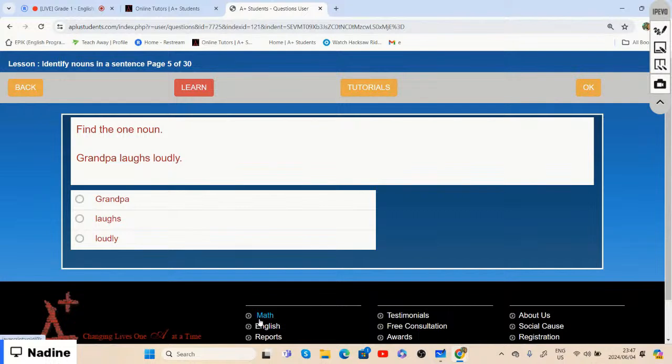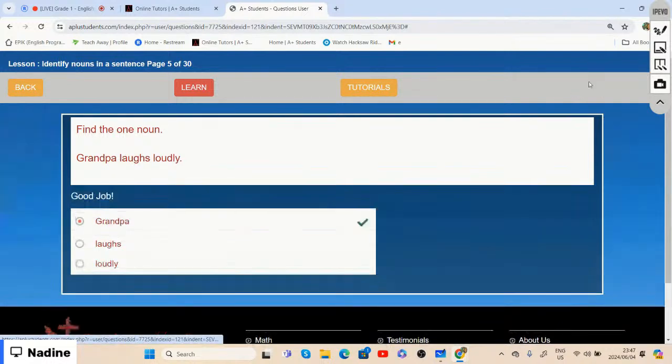What is the noun within that sentence? All right, and if we were to find that one noun, then Grandpa is our noun.